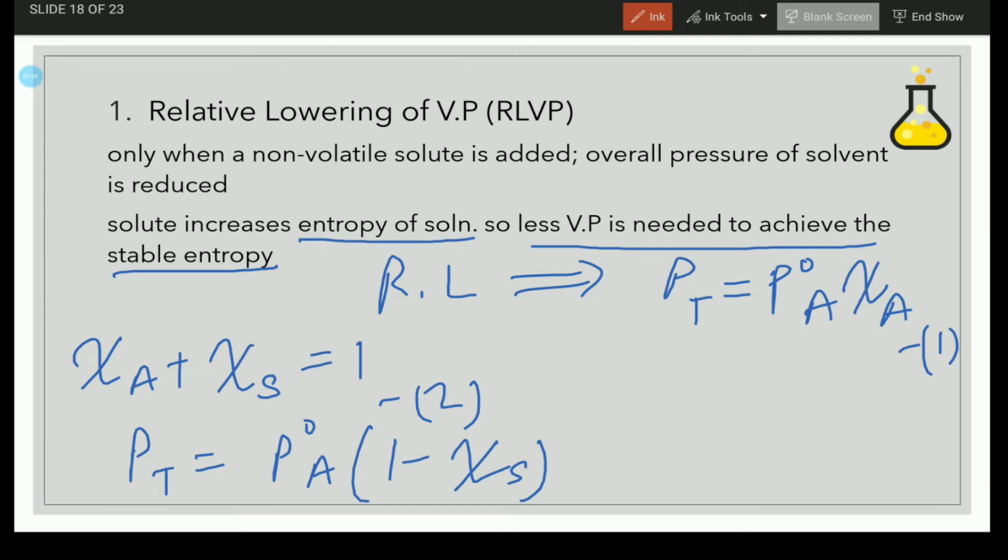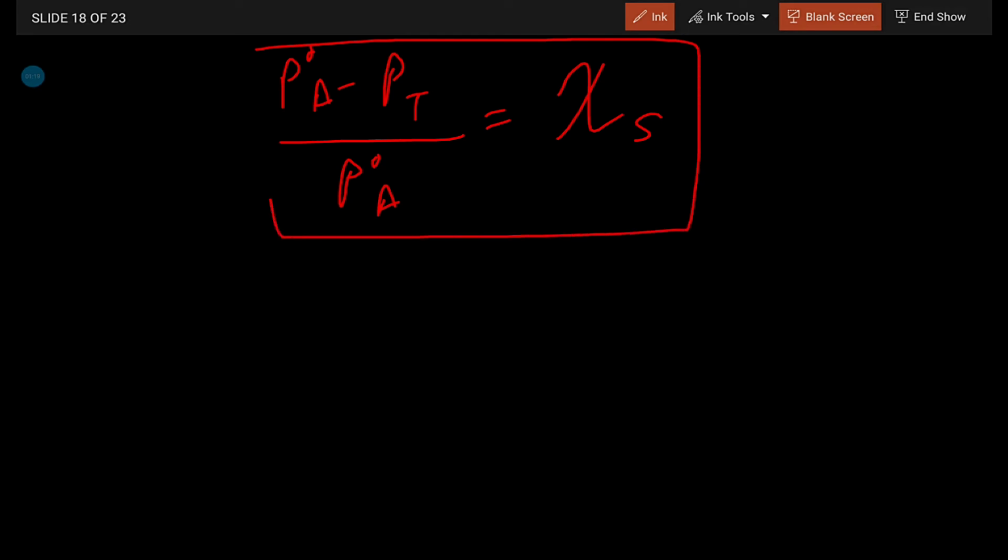Let me go to the blank screen. On rearrangement, we get (P naught A - Pt) upon P naught A equals the mole fraction of the solute. This, folks, is the equation of RLVP.